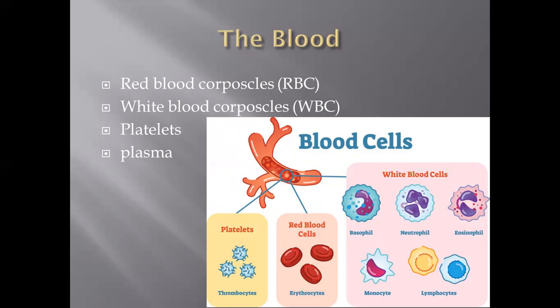The blood is a thick, viscid liquid of bright red color when it flows from the heart to the arteries. So the purified blood is bright red in color when it flows from the heart to the arteries and becomes dark red or purple when it comes back to the heart via veins.